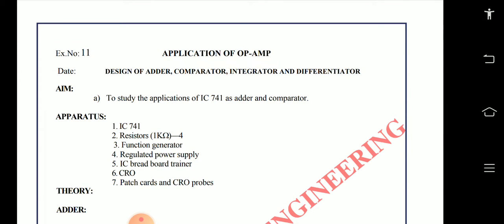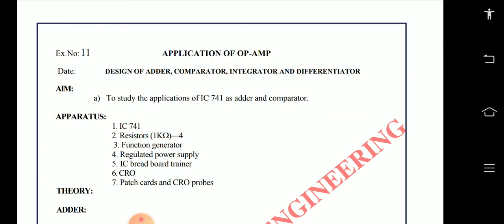And what happens in this operation is that the op-amp is used to design a circuit whose output is the sum of several inputs, which is called a summing amplifier. The summing amplifier may be inverting or non-inverting depending upon the terminal to which the input is given.